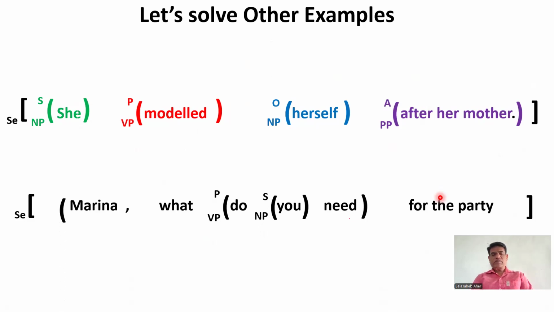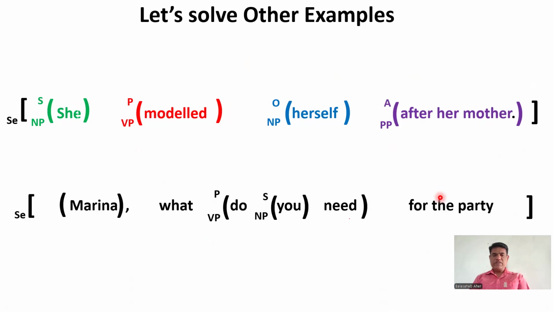Now we have to go to the first word of the sentence, and after it we have a comma, which indicates this is a separate unit. So Marina, we have to enclose in a round bracket and give a form and function label. See that it's a name, and after that name we have a comma. It means that it is addressed to someone.